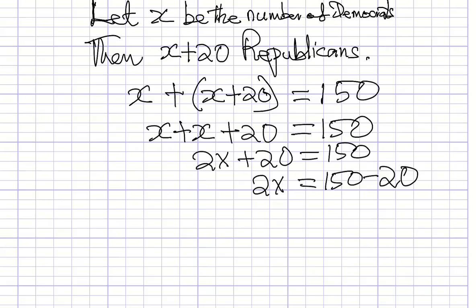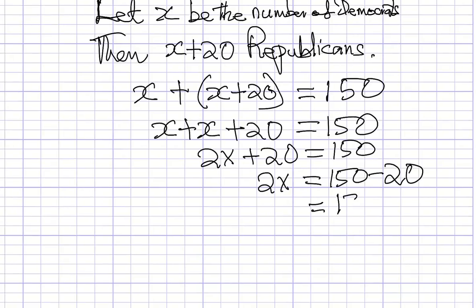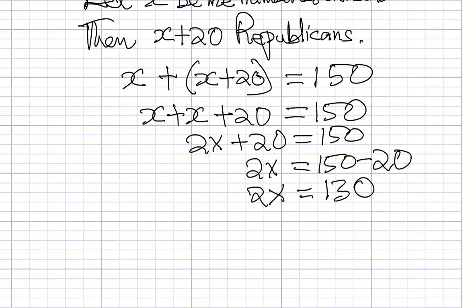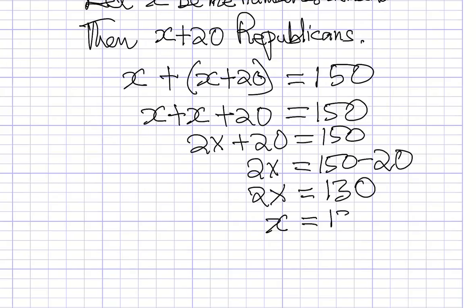That will give you 130. So you have 2x is equals to 130, right? So then what you do, you divide both sides by 2 to free x, to make x be free. You know, everybody wants to be free. And then you do that like that.